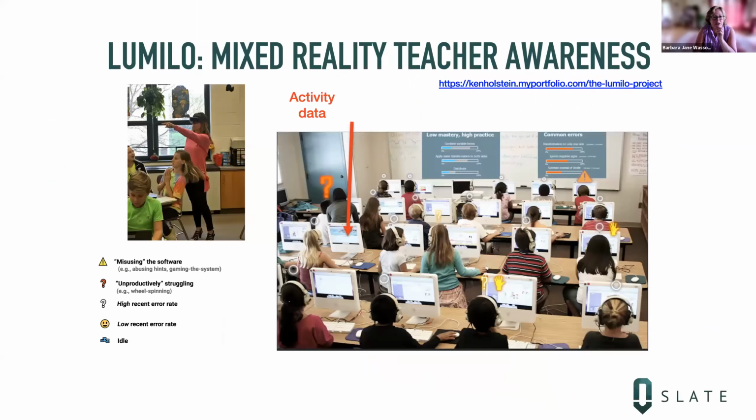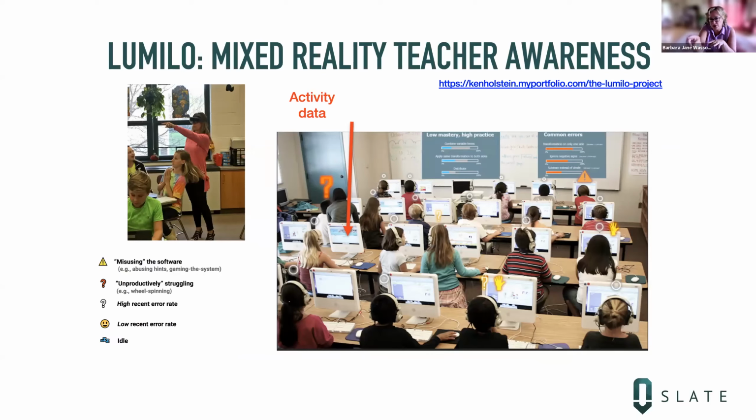I'll also tell you about another interesting project you can look at, Ken Holstein's project. He's in Philadelphia, and he's got teachers wearing these Lumilo glasses. With the glasses, they can look out over the classroom and see visualizations of what students are doing. It takes the activity data from the system that the students are learning with, and visualizes if they have a problem with a question mark, or if they're struggling with something. If they have their hand up and want some help, you can see that.